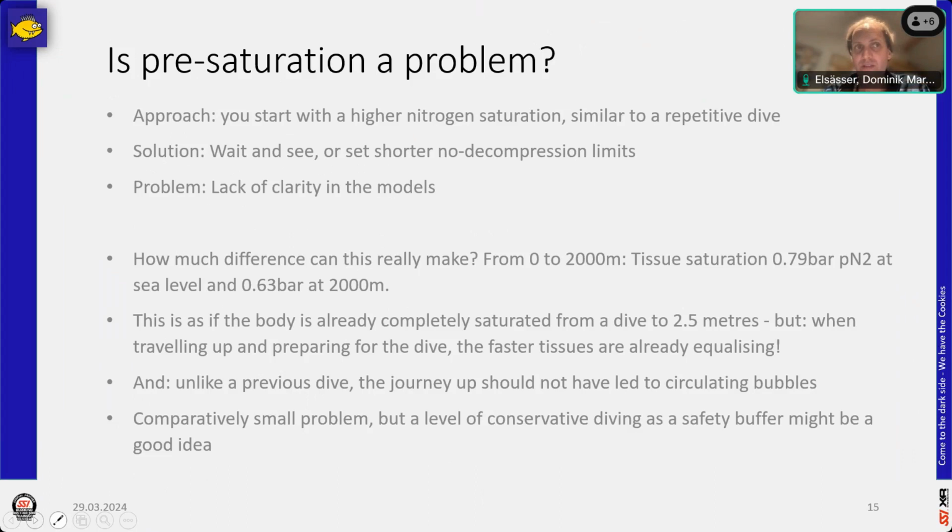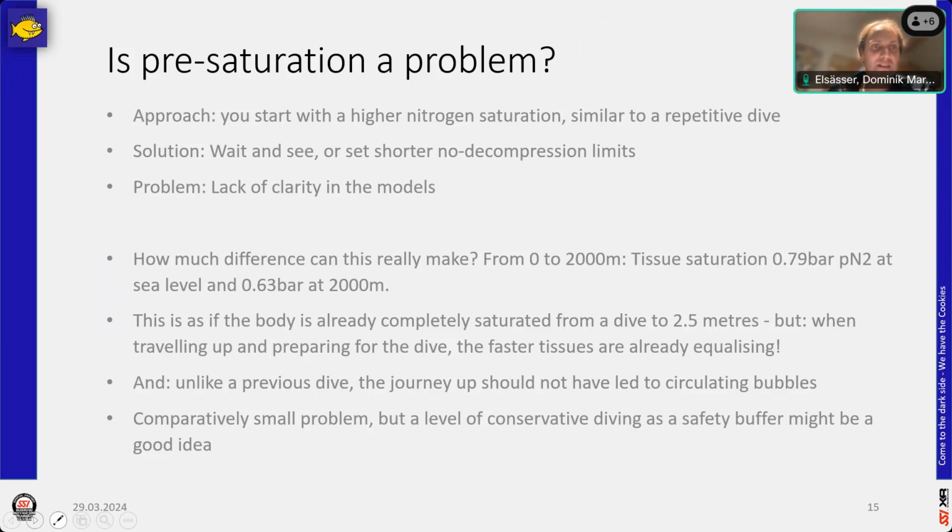One reason is that we don't know how fast the drive up will be for a given person. That's a parameter that's not easy to implement in a model. Maybe people go up very fast, on a very steep road, or maybe very slowly, and of course supersaturation will differ.